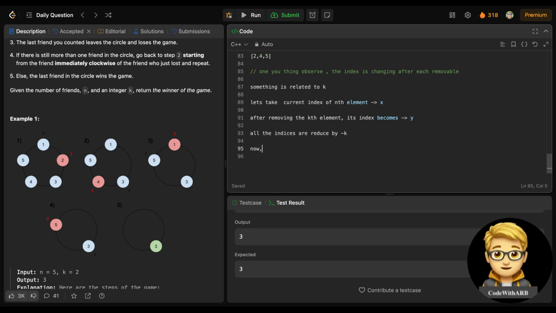It means for f of n minus 1, k, we will get the indices.